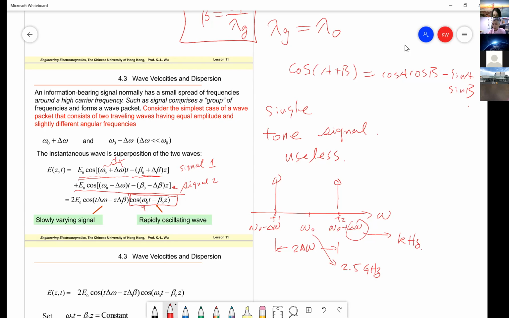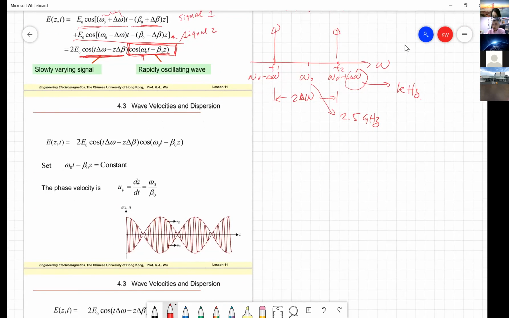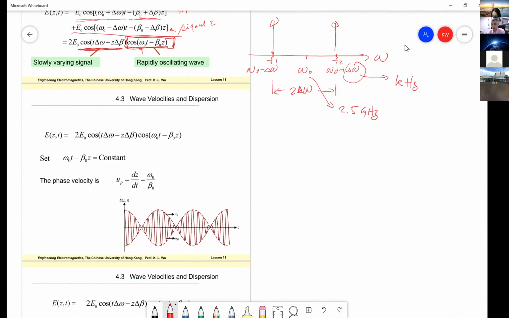Therefore, this is a signal that changes with time very slowly, and this signal changes with time very fast. As a result, this is what the wave looks like.